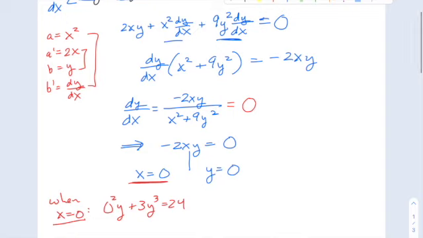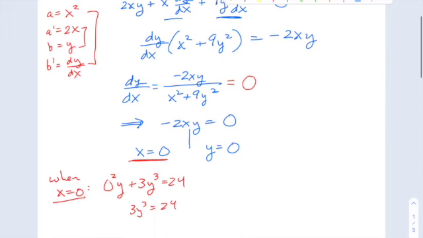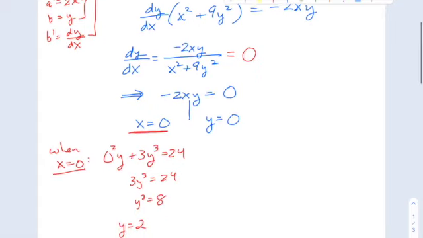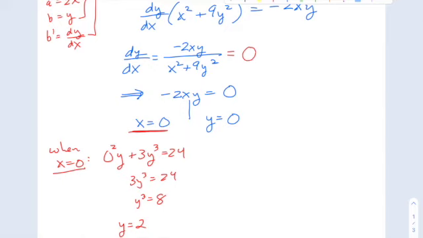And of course, that's just going to make that 0, so I'm going to be left with 3y cubed equals 24, which means y cubed is equal to 8, which means y is the cube root of 8, which is 2. And so we did get a solution. We got the point 0, 2. I plugged in 0 for x, I got out 2 for y.